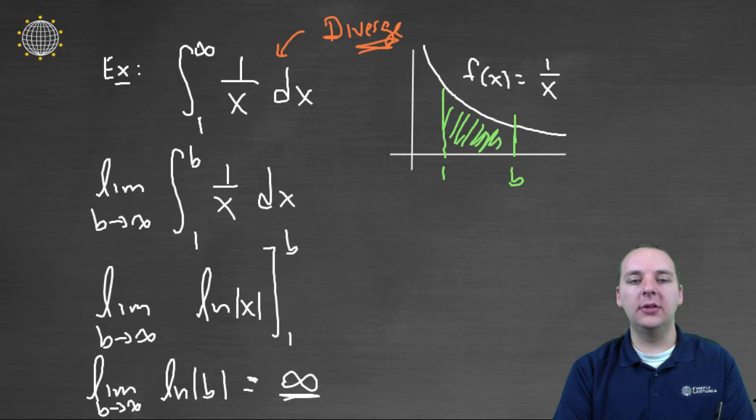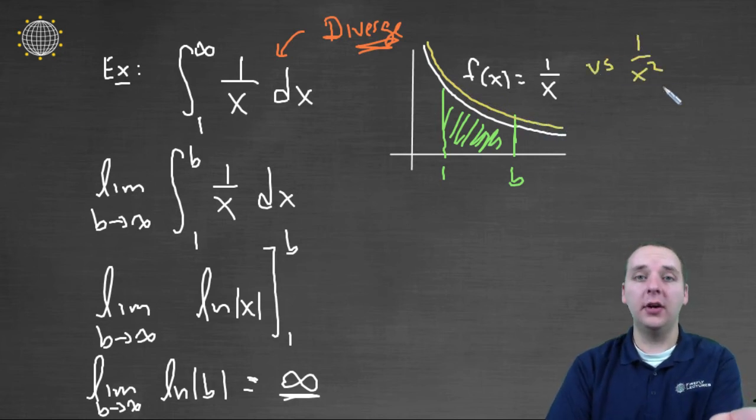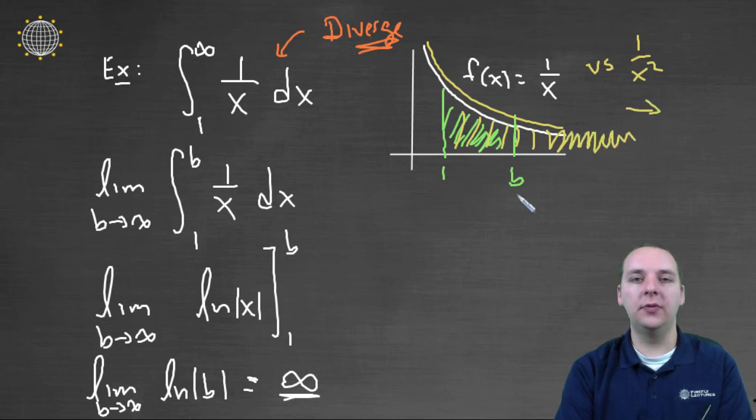Well, it goes back to what I was saying earlier. Here, 1 over x decays much more slowly versus 1 over x squared, which decays very, very quickly. It's a little too slow, and it allows us to accumulate an infinite amount of area as we go from 1 to infinity, basically.